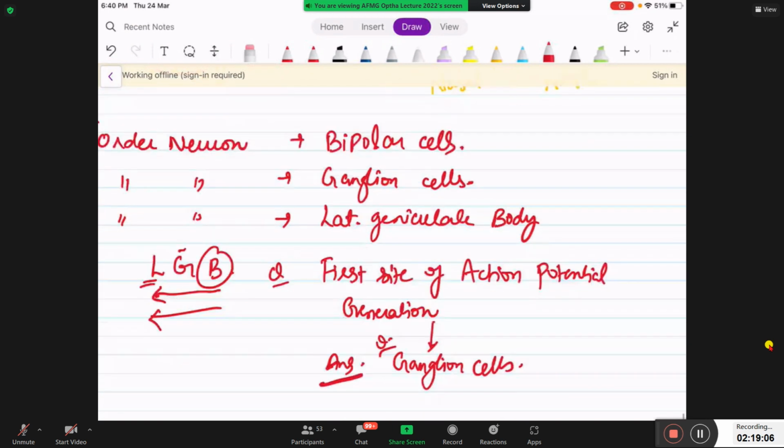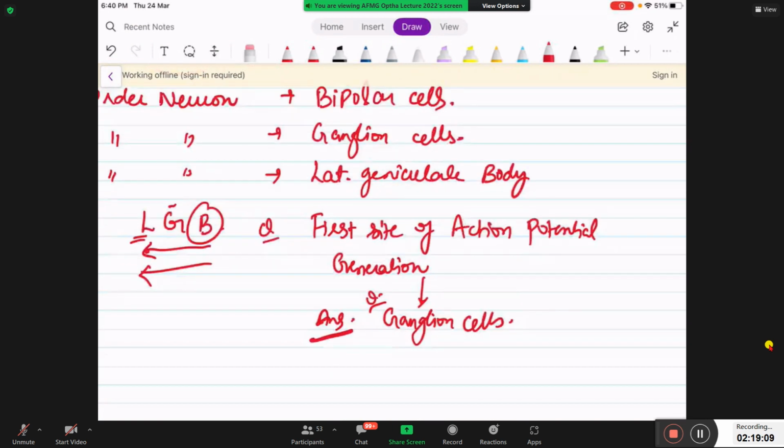Important. Answer will be ganglion cells. Clear?